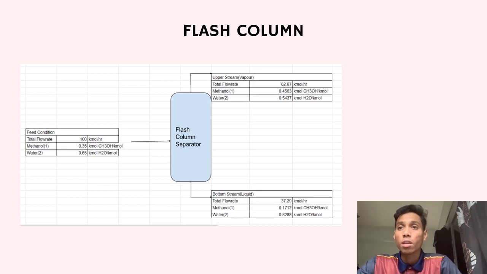For the product, the upper stream, which is the vapor stream, the total flow rate calculated is 62.67 kmol per hour, consisting of 0.4563 kmol of methanol and 0.5437 kmol of water. For the bottom stream, which is the liquid stream, the total flow rate calculated is 37.29 kmol per hour, with a composition of 0.1712 kmol of methanol and 0.8288 kmol of water.